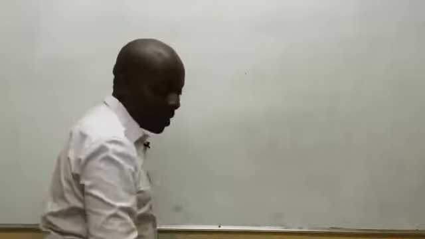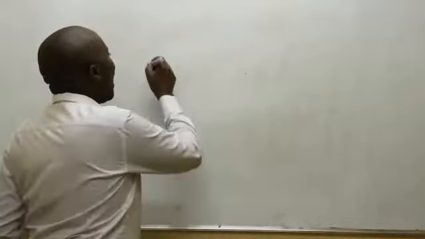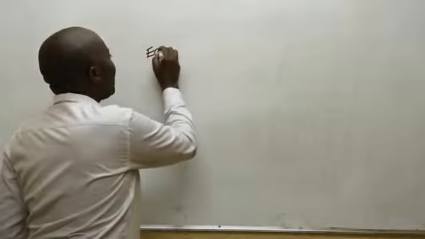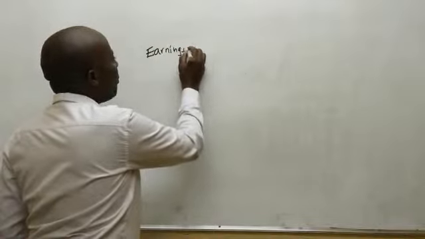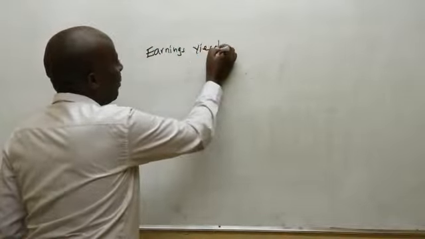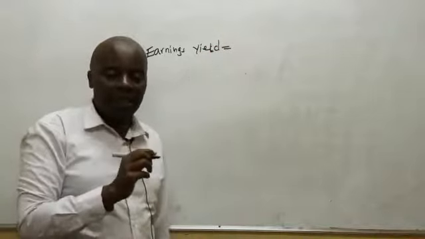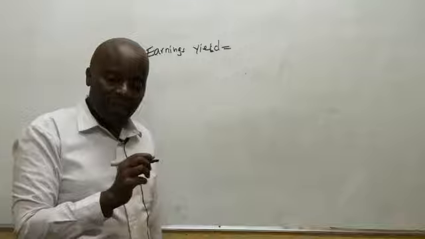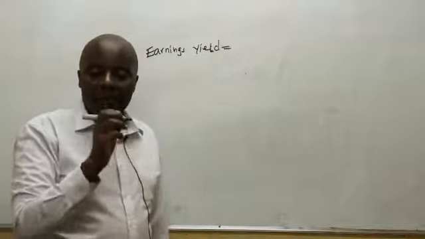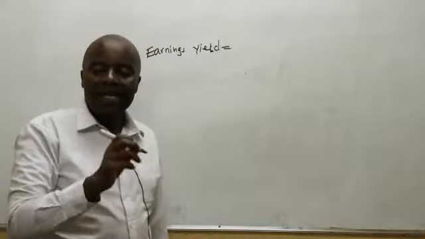What I will think about first of all is the formula. How do we get earnings yield? Remember, anything that is yield-based always has market price per share in the denominator.